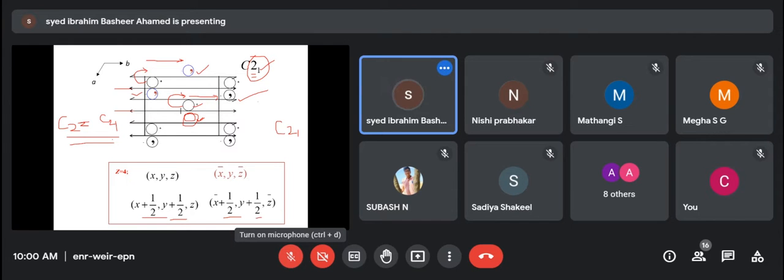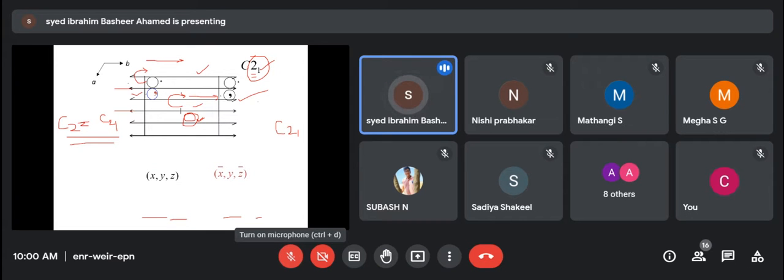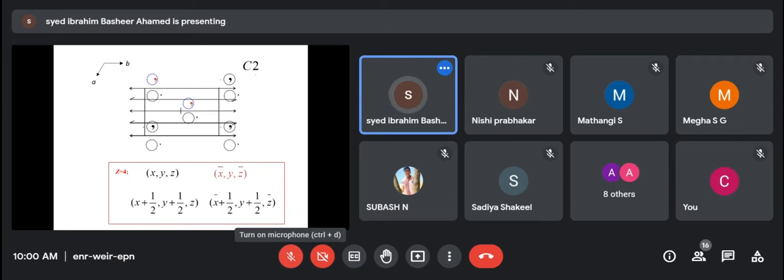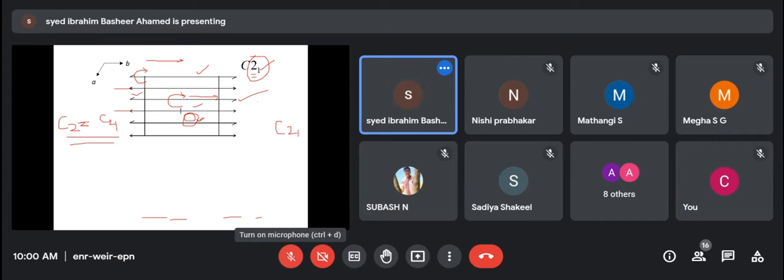So the space group C2 and C21 are the same, except that in C2 you put the twofold rotation axis on top, and in C21 you put the screw axis on top. That is the difference.